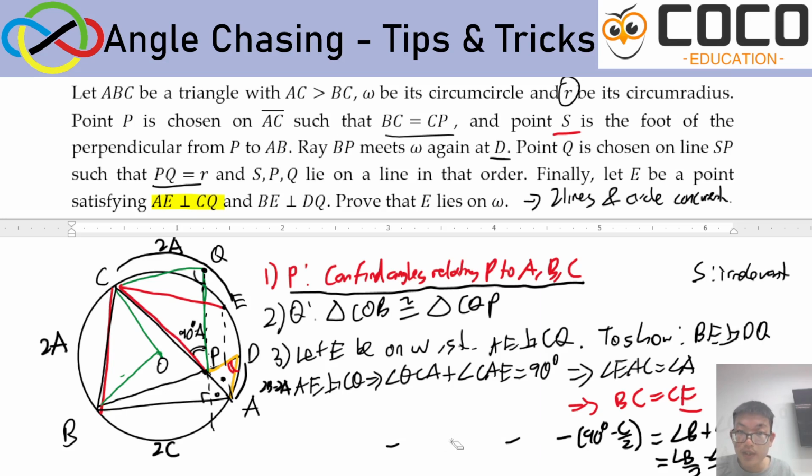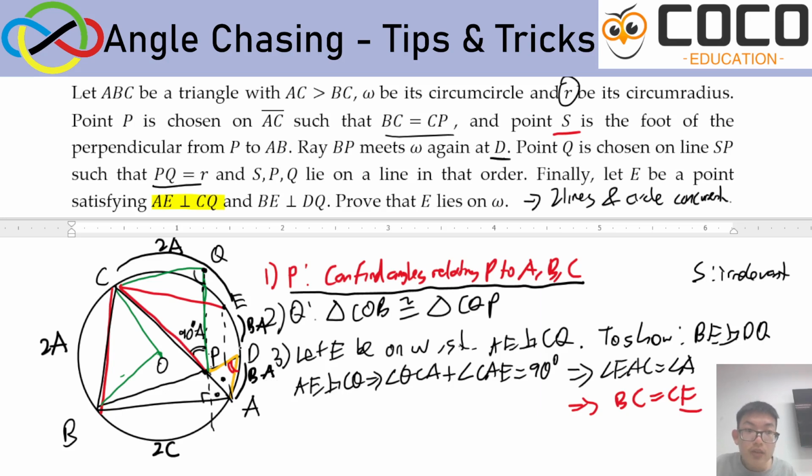I'm raising this off because I'm trying to keep everything in the screen to show you how I would do angle tracing in a diagram. So this arc is B minus A. Now that was 2B minus 2A, and so therefore this part is also B minus A, which means that also this is equal to those two.